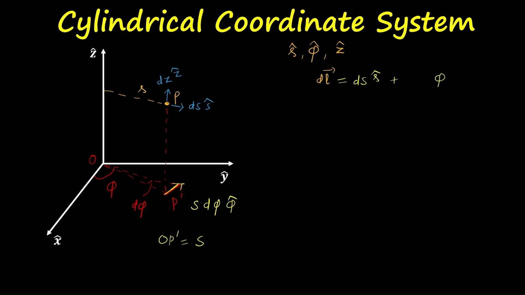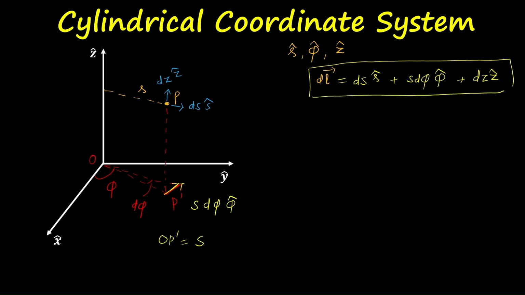In the phi direction, the change is S d phi. And along the z direction, it is dz. So this expression is the increment vector, or infinitesimal displacement, in the cylindrical coordinate system.